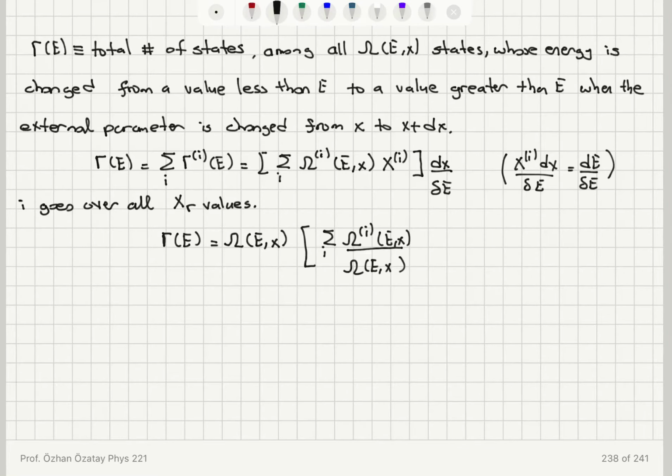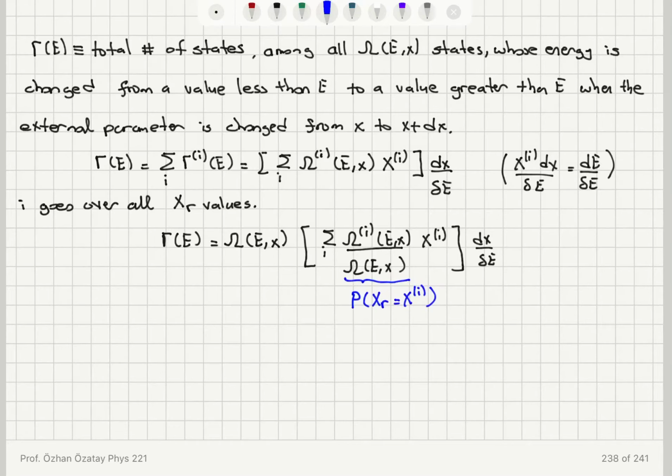So I multiply and divide by the total number of accessible states, times xi dx divided by delta E. Due to my postulate of equal a priori probabilities, omega I divided by omega is basically giving me the probability of having a value x sub I for R. So this is the probability that x sub R is equal to xi.